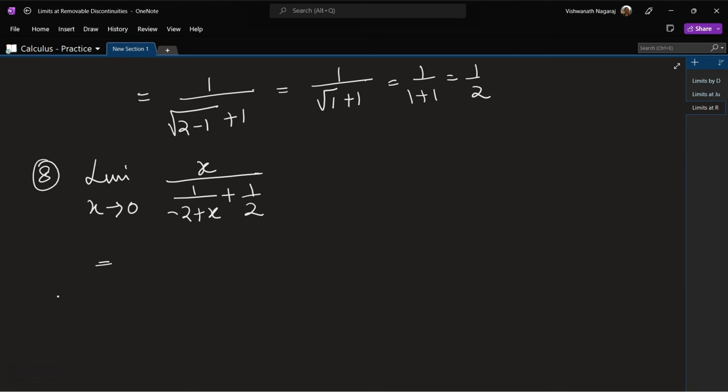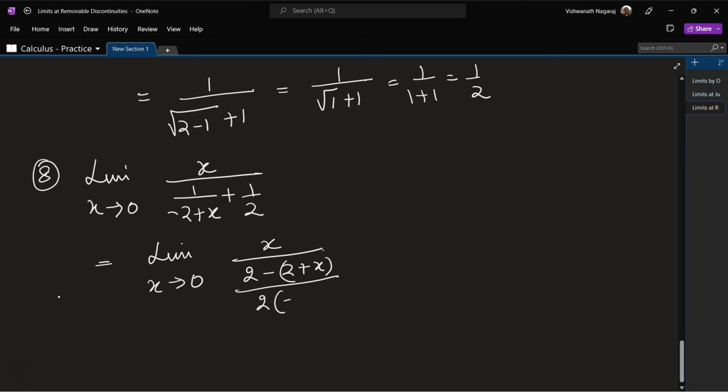So let's simplify. The limit as x approaches 0 of x by (2 minus (2 plus x)) by (2 times (minus 2 plus x)). Okay, so the limit as x approaches 0 of x by, this becomes 2 minus 2, 0, plus x.